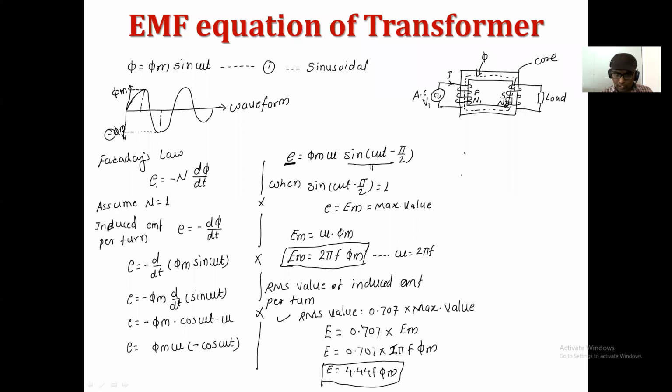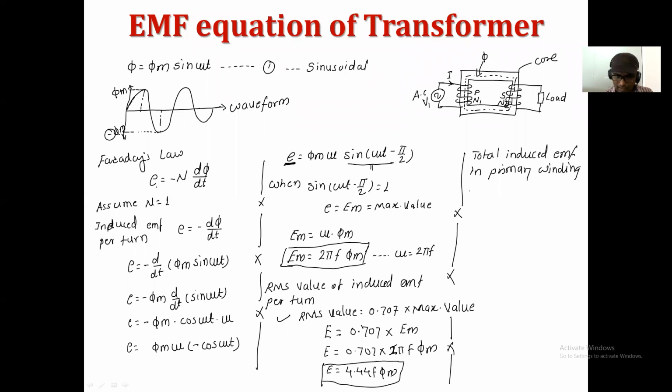Now if I want to write the total induced EMF in the primary winding, how can I write? आता जर एका टर्नला एवढा EMF तयार होत असेल तर N1 टर्नला किती EMF तयार होईल? How can you calculate it? Just multiply it with N1.